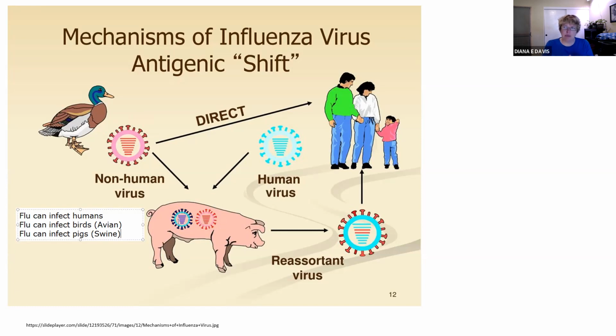When you're infected with multiple strains of flu virus, you get something called reassortment, which means that the new flu virus being produced will have some genetic material from both the bird flu and either the swine or the human flu.